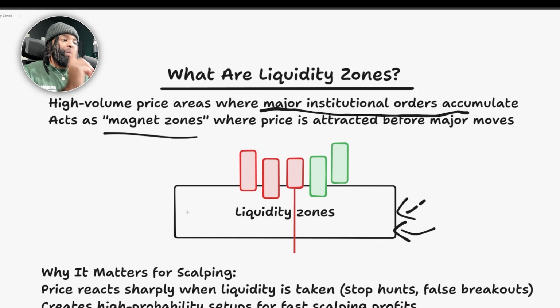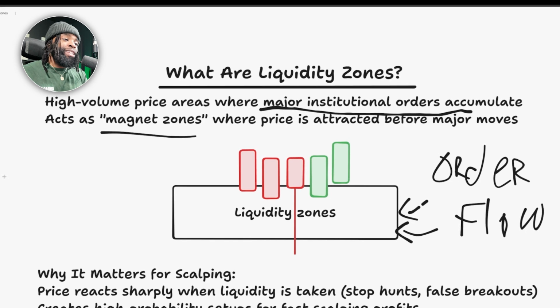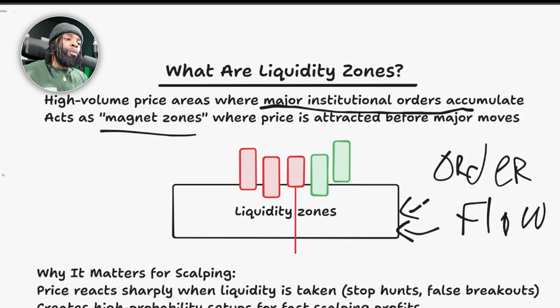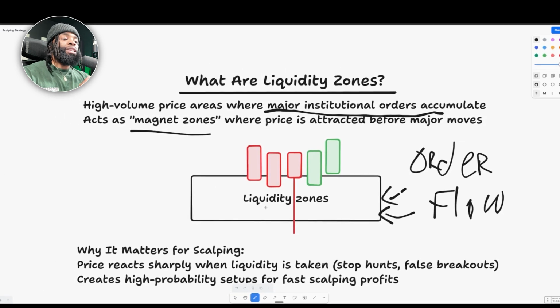However, big banks and big institutions know this, and even though we cannot see it, they can see something called order flow. Order flow in their eyes looks like a bunch of color blocks, where the lighter it is, the less money, and the more it is, the more money. They use that to their advantage, and that is exactly what a liquidity zone is.